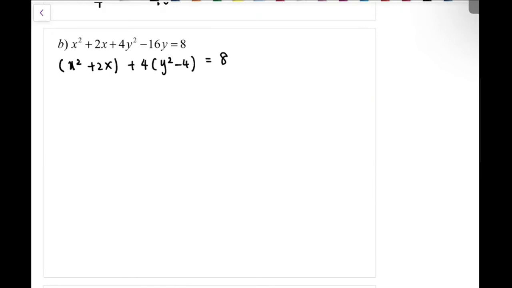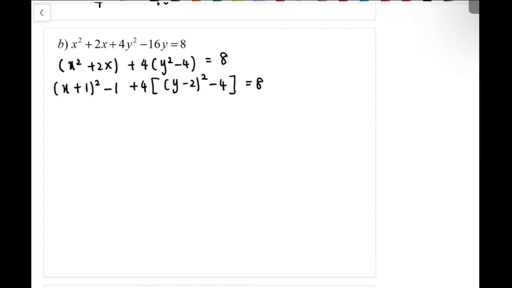Now we may start completing the square. We would have x plus 1 squared minus 1, plus 4 times, completing the square for the y variable, y minus 2 squared minus 4, equal to 8.